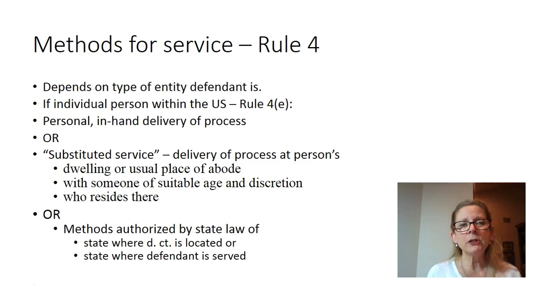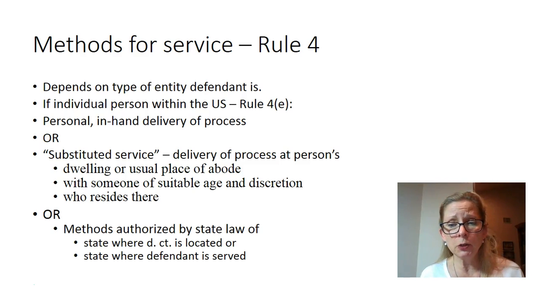Okay, so the methods for service, again, are set forth in Rule 4, and the method depends on the type of entity that the defendant is. So first of all, if it is an individual person within the United States, that's going to be governed by Rule 4(e). And of course, personal in-hand delivery of process is always going to be fine.